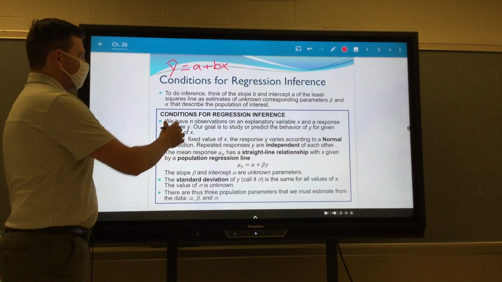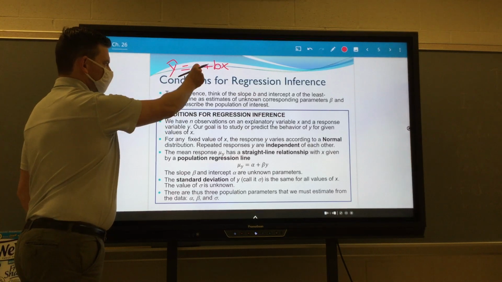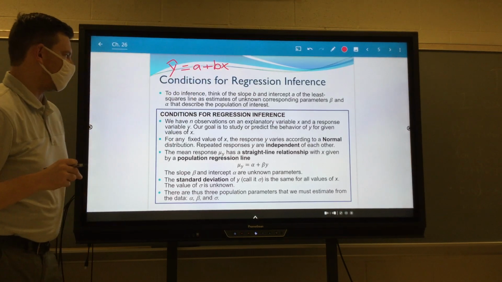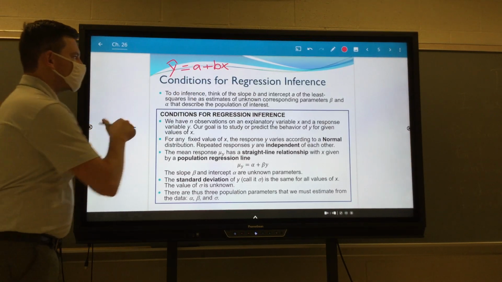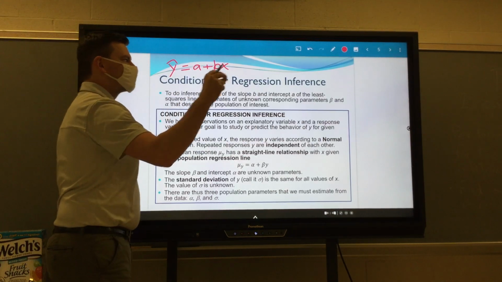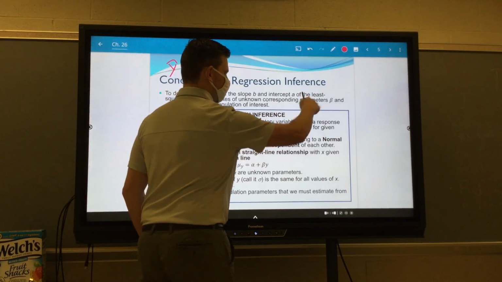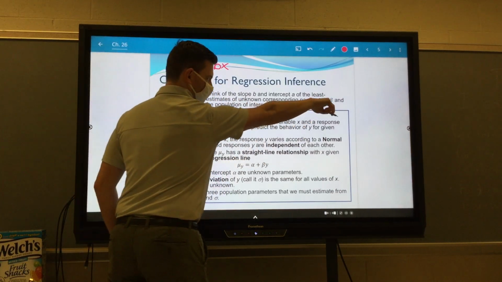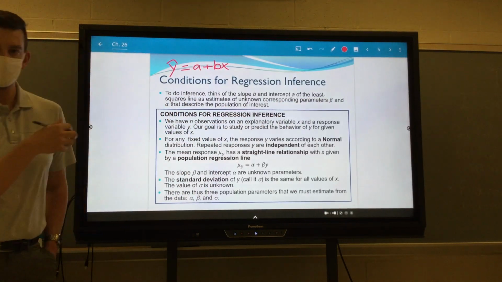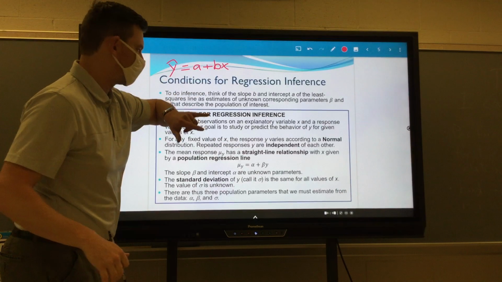So when we do this, we have our sample values, intercept A and slope B. Those are sample statistics. We would like to know how they correspond with population parameters. We're going to call them beta and alpha. That's why we want to take on this format here.